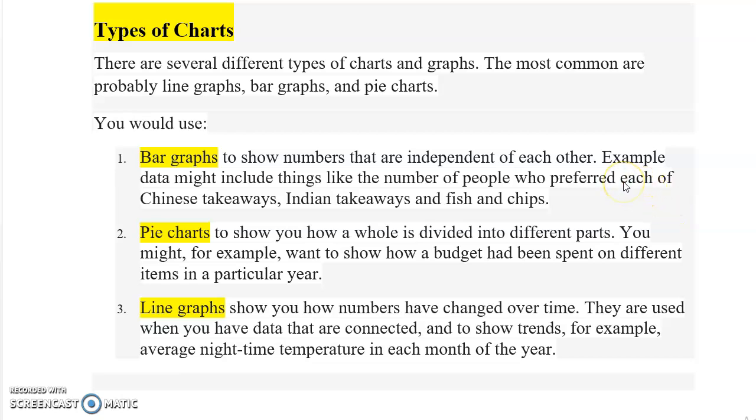So we can say the number of people, we can start from 0 to 100, or percentages like 5%, 10%, 15%, till reaching 100%. And we can classify the dishes into Chinese, Indian, and so on. This is a type of statistics.